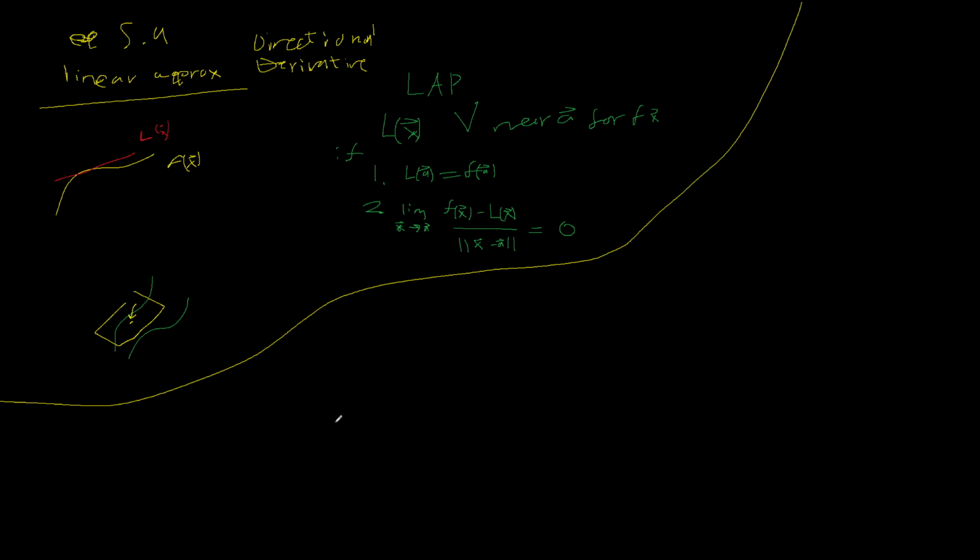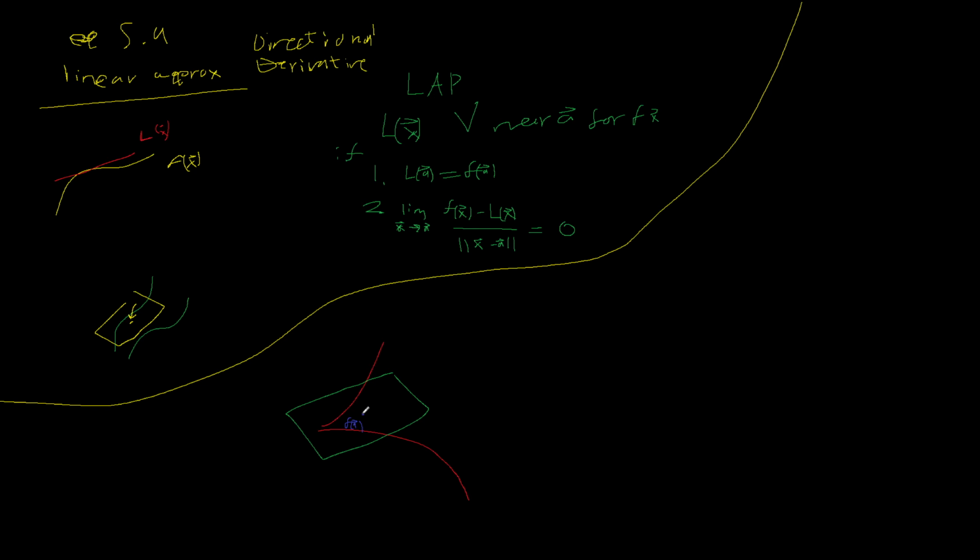Let's suppose we have some solid, and we approximate with some plane. Here's our plane, and here is f(a). Doesn't matter what that is. So let's say we wanted to know how fast it is moving in some location.